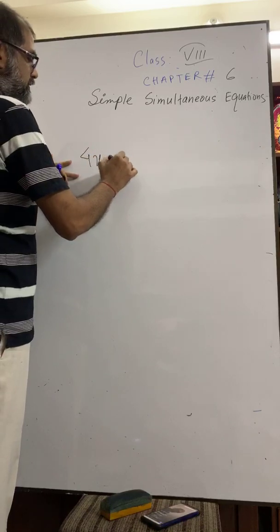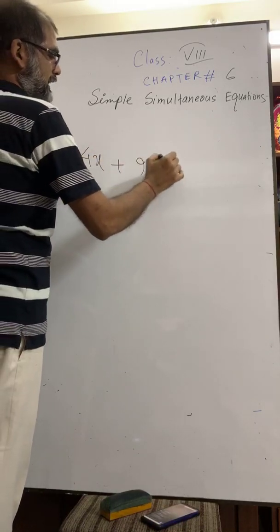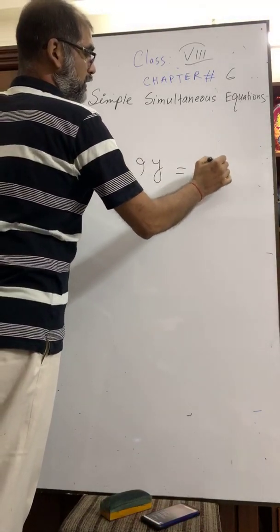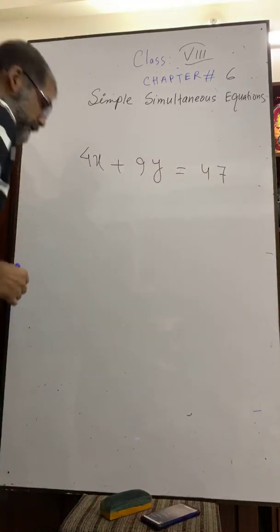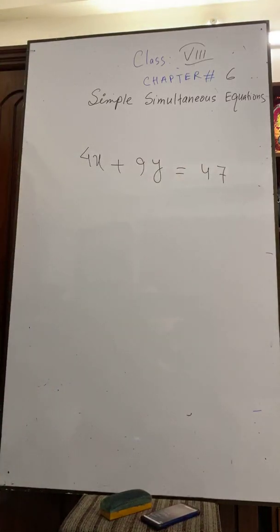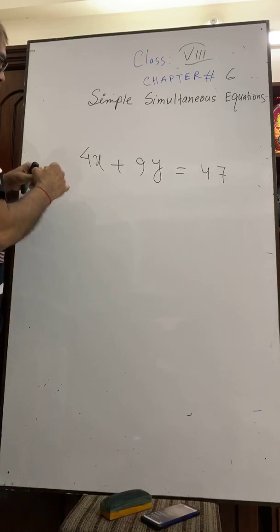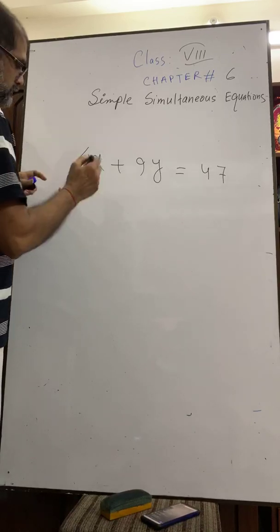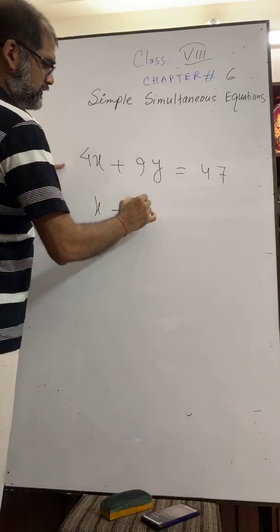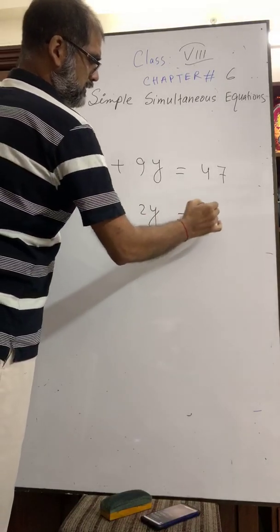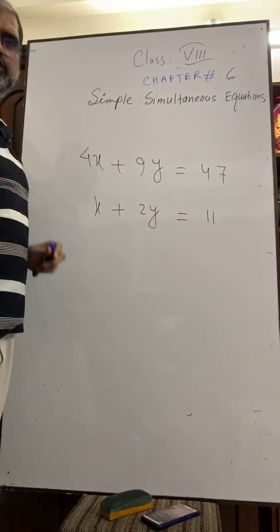4x plus 9y equals to 47. X plus... now you do, just do it within 10 seconds.